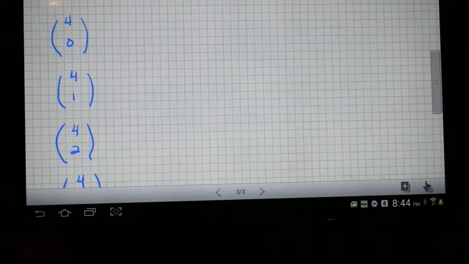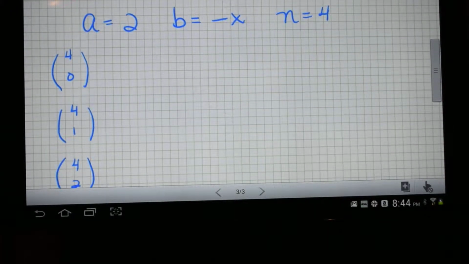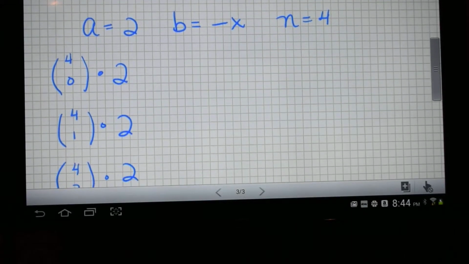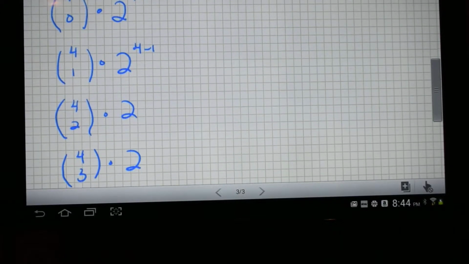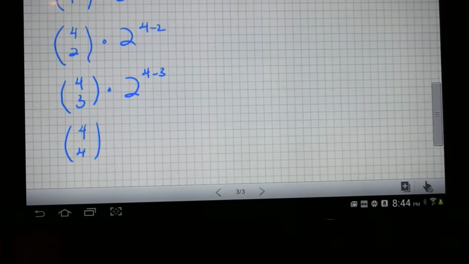So, we know we have all our terms. That's your binomial coefficient. Now we have to do our A term. So 2, 2, 2, 2. And it's N minus R, so it's 4 minus 0, 4 minus 1, 4 minus 2, 4 minus 3, and 4 minus 4. I forgot one.